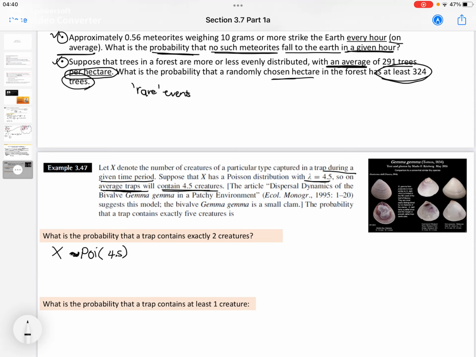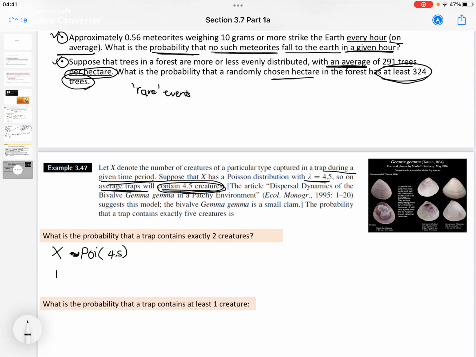The Poisson distribution only has one parameter. On average we expect that a trap will contain 4.5 creatures, but we want to calculate the probability of this rare event, that a trap will contain only 2 creatures.